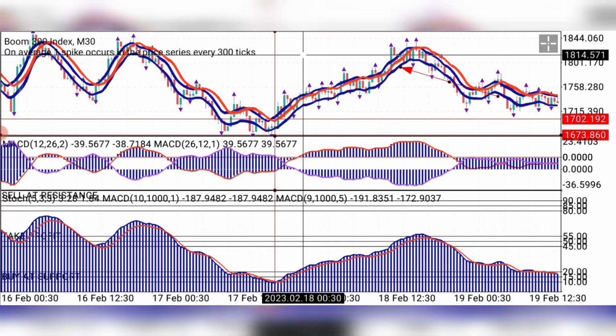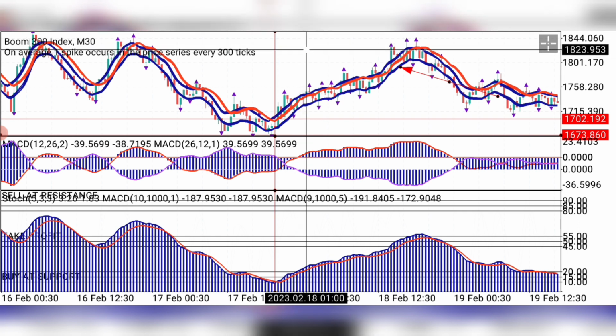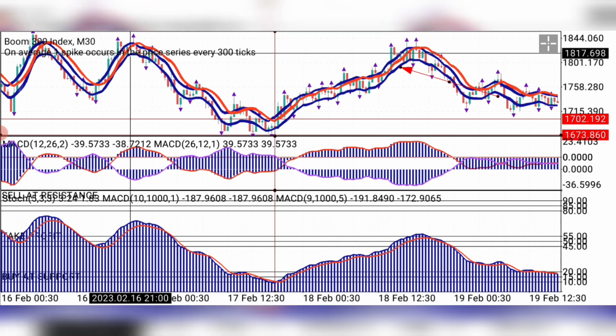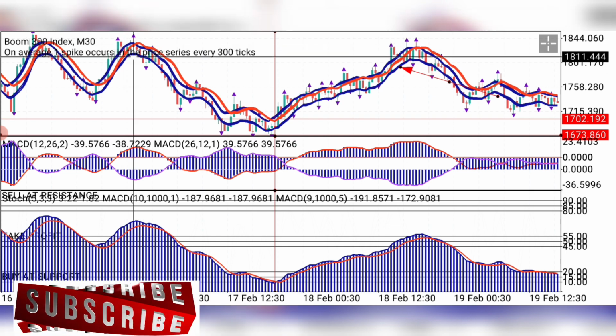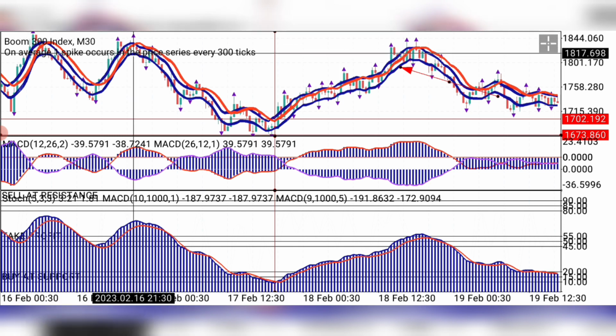This is the connection. There will be a spike here because of the resistance zone, so you have to take your profit here.